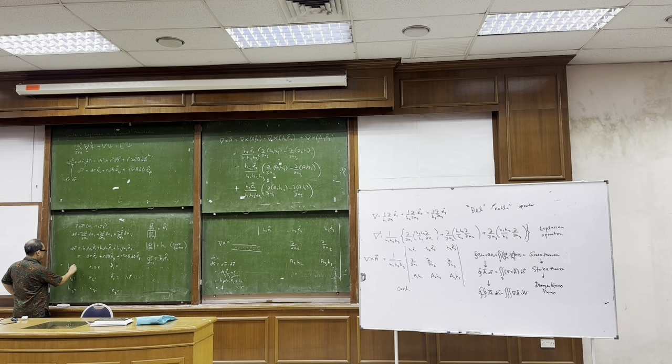So h1 is 1. h2 is r. h3 is r sinθ. Good. u2 is very easy, u2 is θ. u3 is φ, and then e1 is er, eθ, eφ. Okay, very easy. Got it? Now we just plug in there.